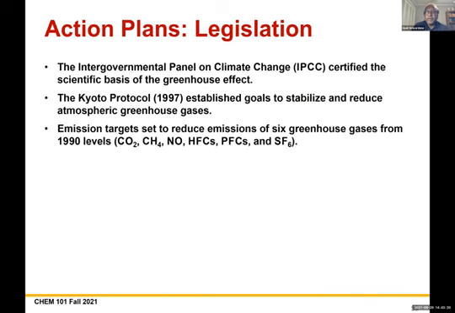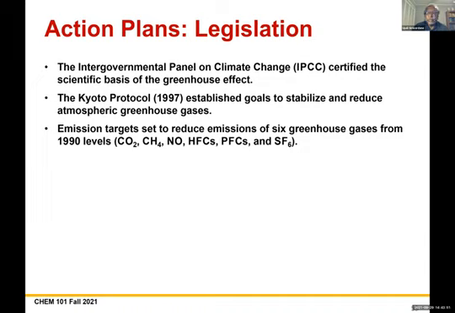The IPCC certified the scientific basis for the greenhouse gas effect. So after we came up with the idea that greenhouse gas causes radiative forcing on Earth, people got together, governmental organizations got together and came up with the Kyoto Protocol in 1997 to reduce atmospheric greenhouse gases.